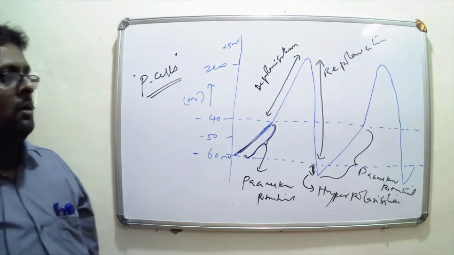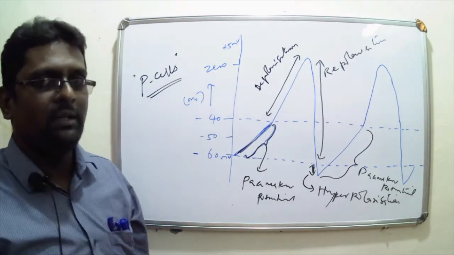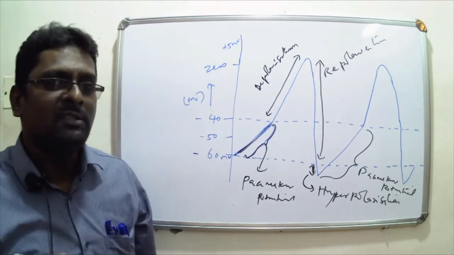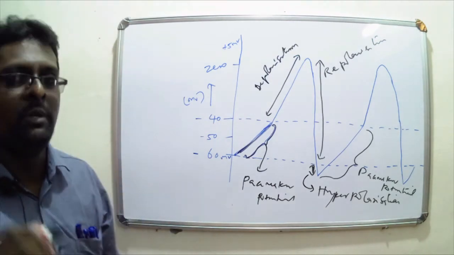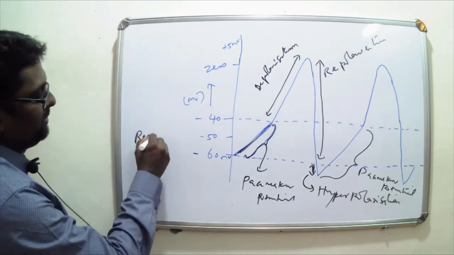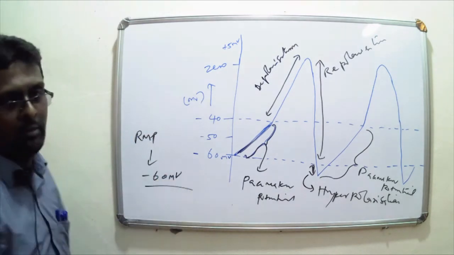Now, let us understand the ionic basis underlying the pacemaker potential. The unstable resting membrane potential of the pacemaker cells is called pacemaker potential. The resting membrane potential of pacemaker cells is about minus 60 millivolts.